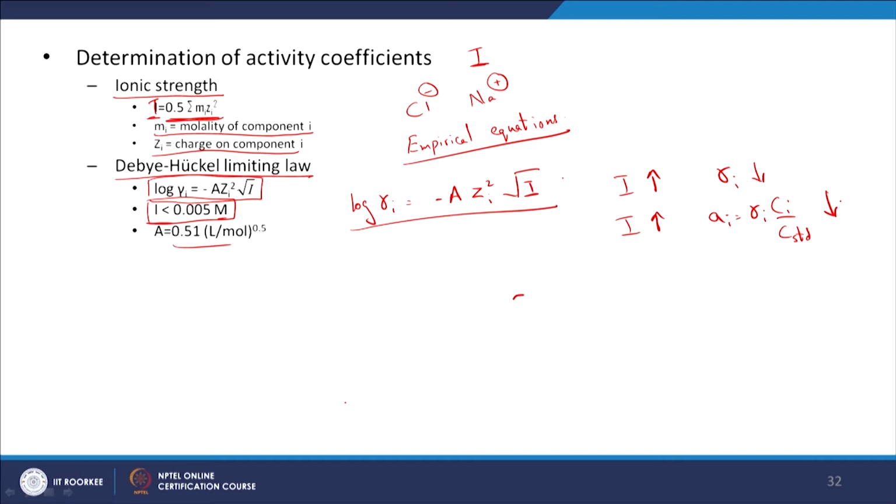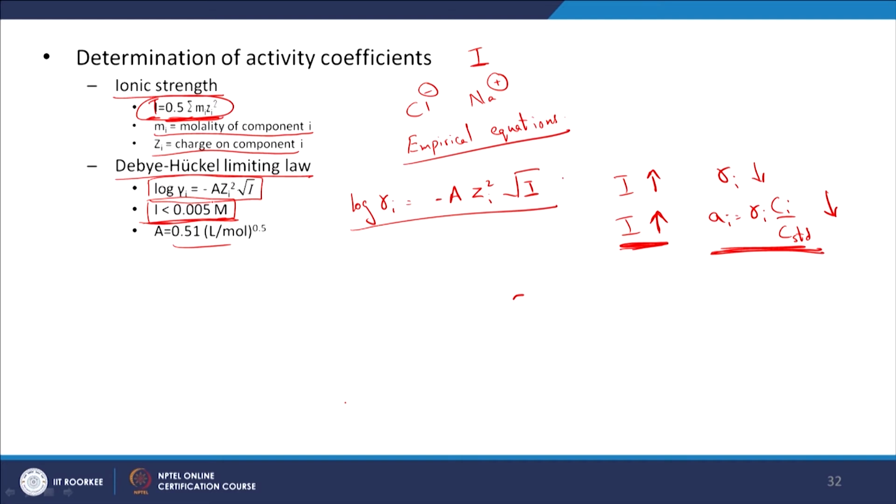The ionic strength gives you an idea about the various charged species in your solution. As they increase, the activity, or the ability of your particular component to react, will decrease. Obviously it is limited only to ionic strength being less than 0.005 molar.